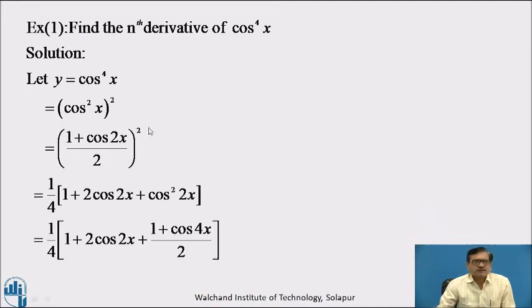Now taking the square of this, we get 1/4 into (1 + 2 cos 2x + cos^2 2x), which is equal to 1/4 into (1 + 2 cos 2x, again using the formula of cos^2 2x as (1 + cos 4x)/2, because we have cos^2 theta equal to (1 + cos 2 theta)/2. Here theta is 2x.